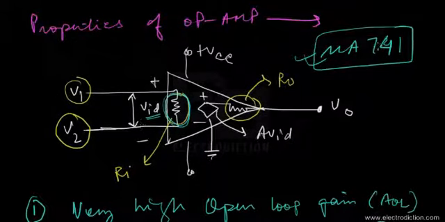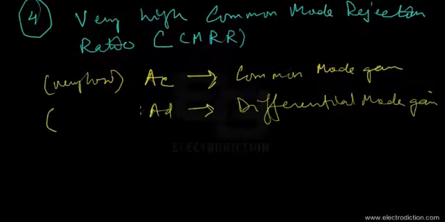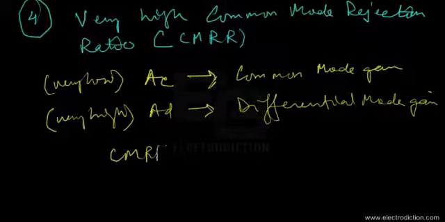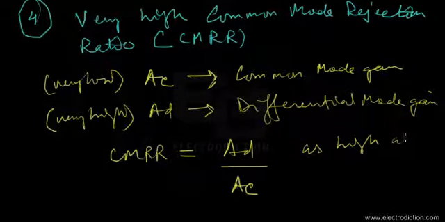Ideally, the differential mode gain of an ideal op amp must be very high. So the CMRR, the common mode rejection ratio, could be mathematically expressed as the ratio of the differential mode gain and the common mode gain, and it needs to be as high as possible.